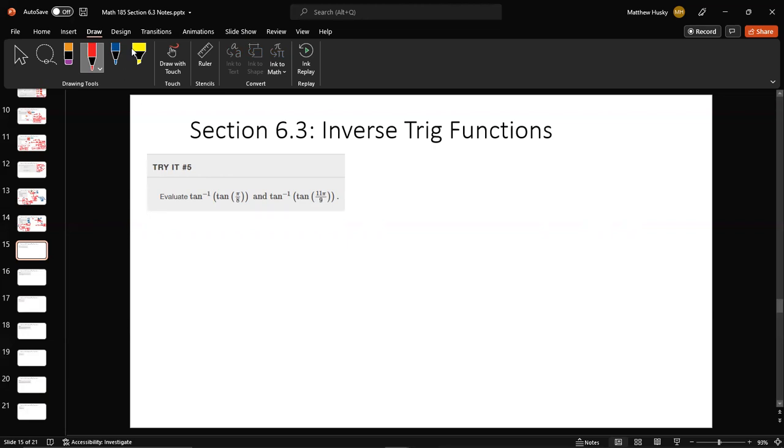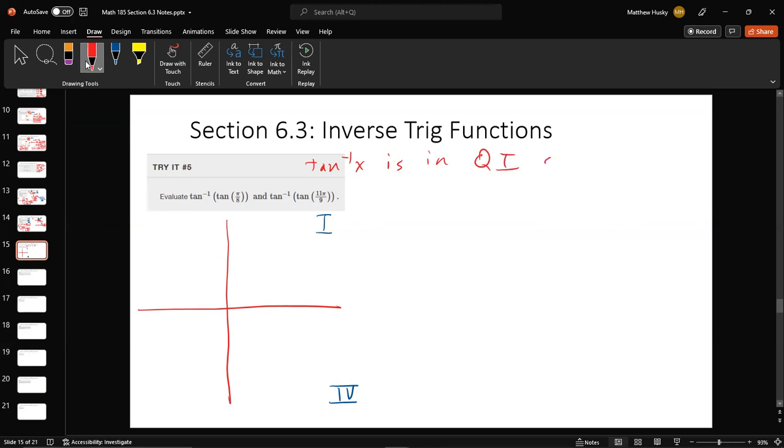Okay, well, tangent is in quadrants 1 and 4. So tan inverse is in Q1 and Q4.